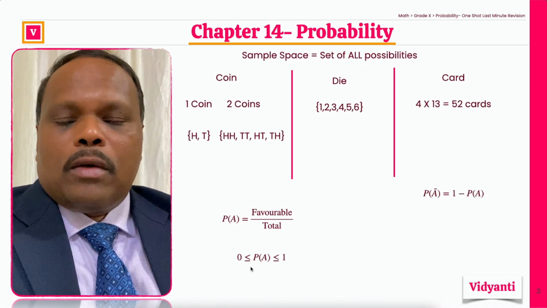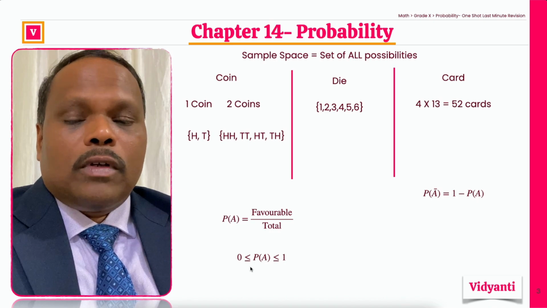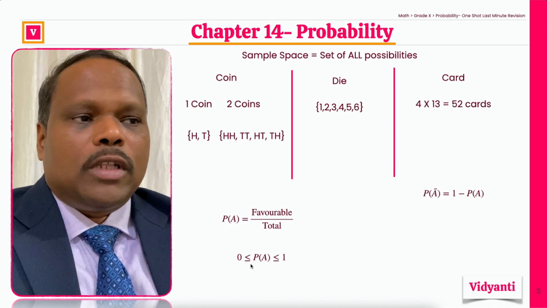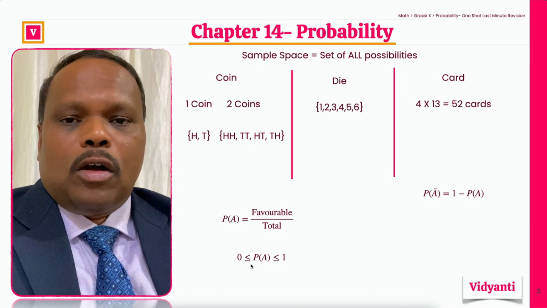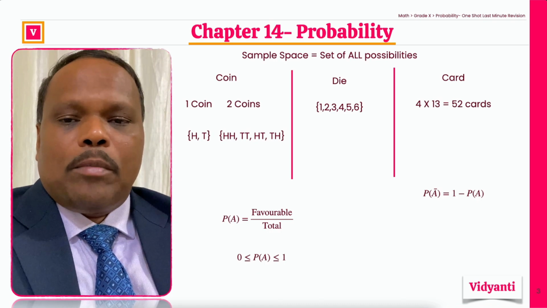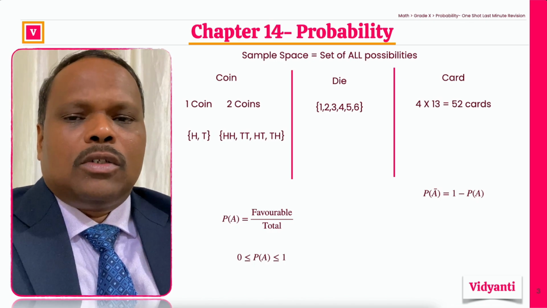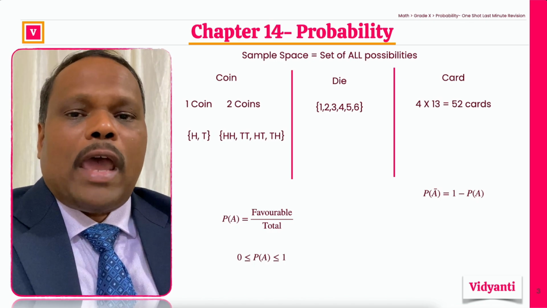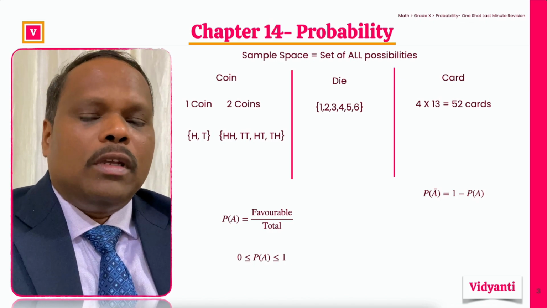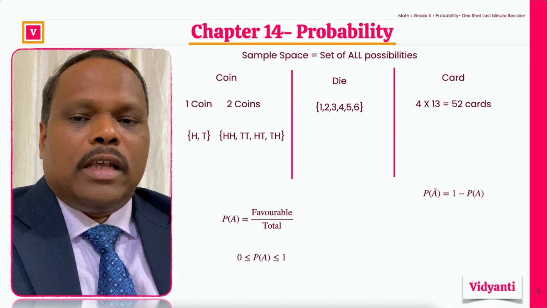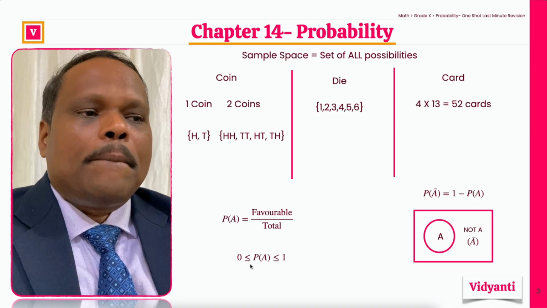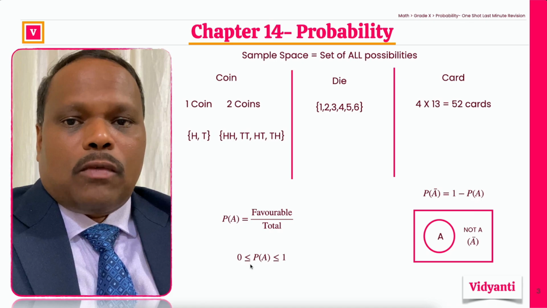Probability of A bar will be the probability of that event not happening, so that will be 1 minus the probability of the event happening, because happening and not happening collectively make 1 or 100%. So if you happen to know the probability of happening, then the probability of not happening will be simply 1 minus that ratio. We can express that in terms of a Venn diagram.